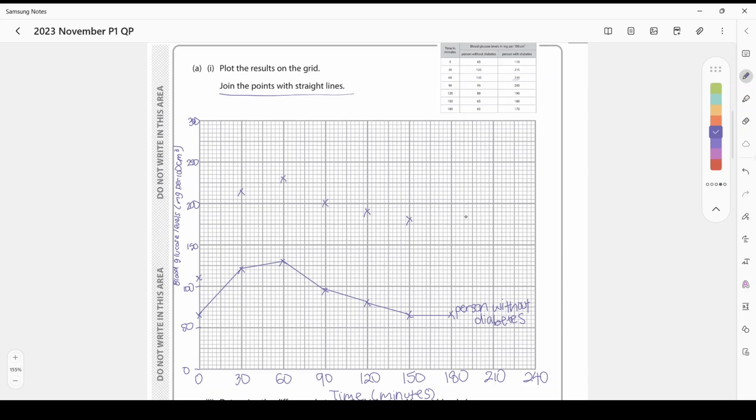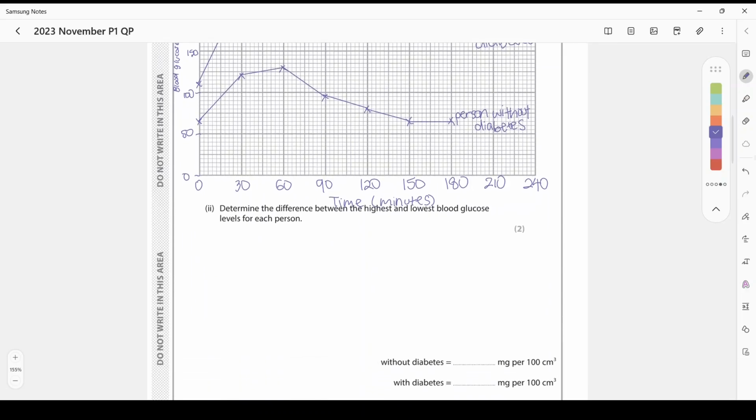And then 170. All right, I'm going to connect the points with straight lines. And then label that person with diabetes.